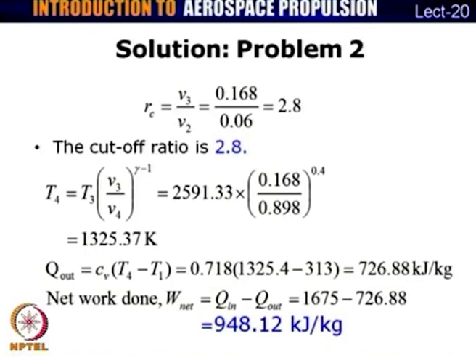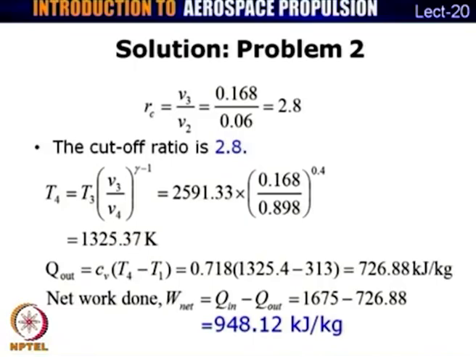Now, once you find temperature at state 4, we can find the Q out from the cycle, that is heat rejected from the cycle. In a diesel cycle, heat is rejected at constant volume, and therefore, Q out is equal to Cv into T4 minus T1, that is equal to 0.718 multiplied by 1325.4 minus 313. So, heat rejected comes out to be 726.88 kilojoules per kilogram.